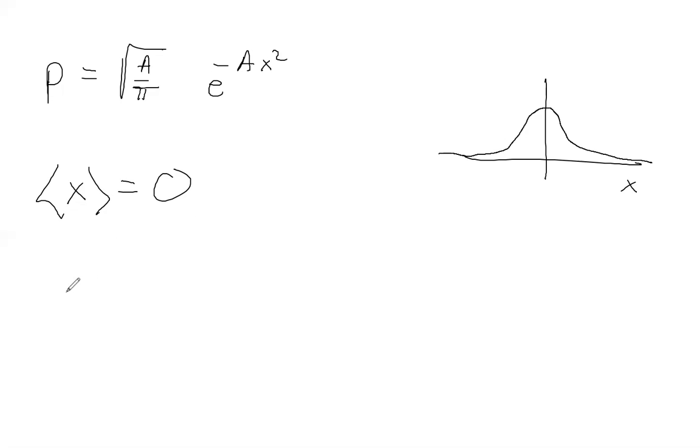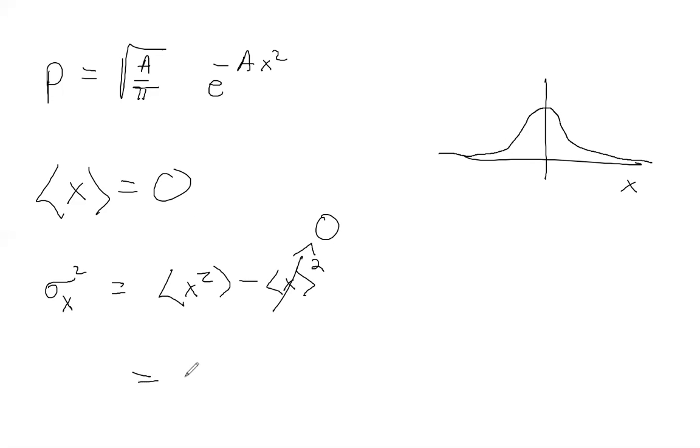What about the standard deviation? What's the width of this? That's simply going to be the average value of x squared minus the square of the average value of x, which we just said was 0. So to do this, well, okay, what would that be?